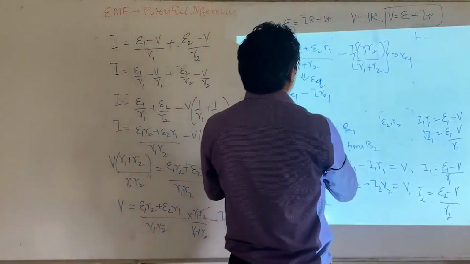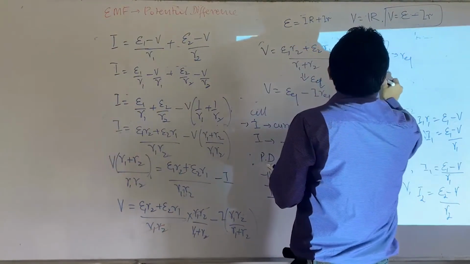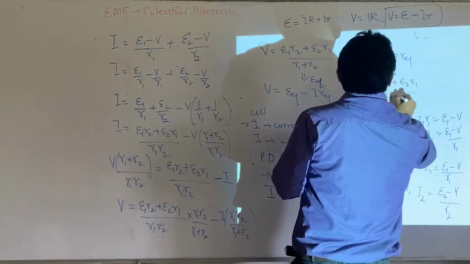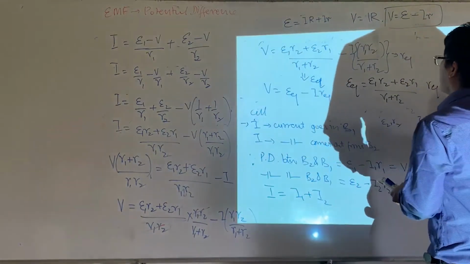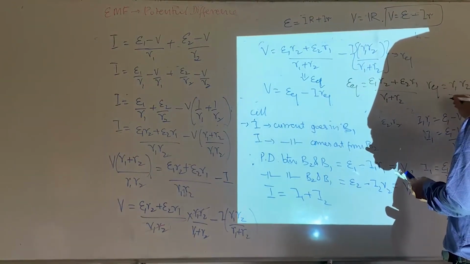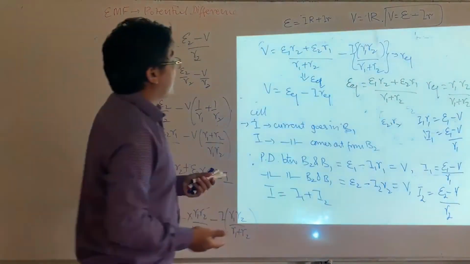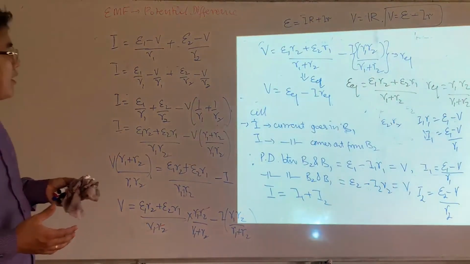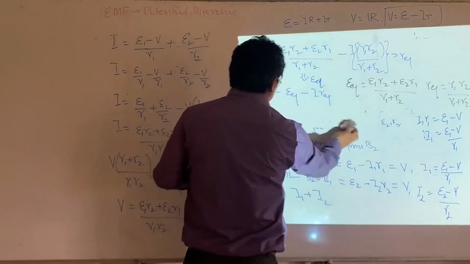And R equivalent is going to be R1 into R2 divided by R1 plus R2. This is how we get it. This is how we arrived at cells in parallel combination.